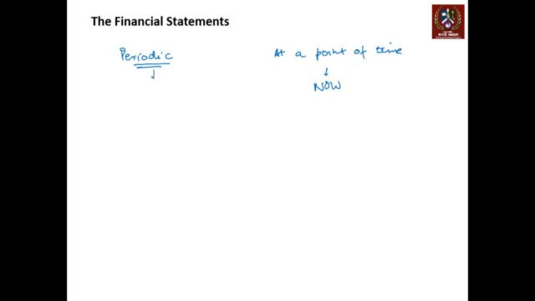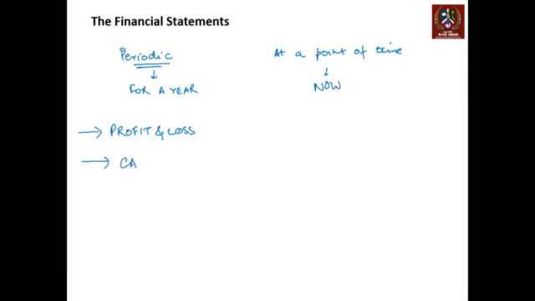Whereas periodic is, for example, for a year, right? So whenever you look at things like profit and loss statement, you never say the profit now is 20 crore. You would say the profit for the last quarter or for the last year is 20 crore, right? So this is definitely a periodic statement.